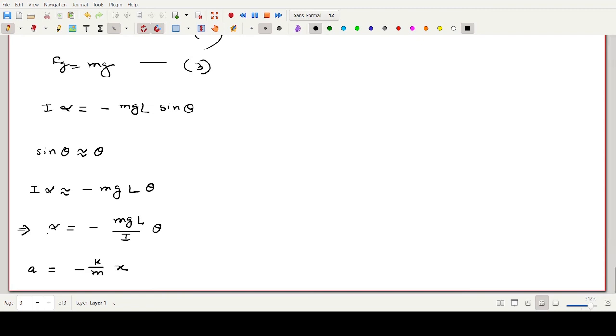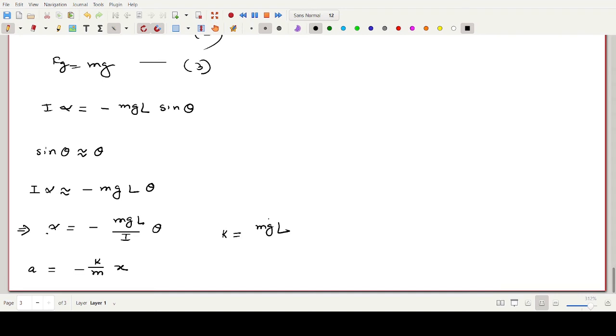Here instead of a we have angular acceleration alpha, instead of x we have angular displacement theta, and instead of mass m we have moment of inertia I, and the analogous term to spring constant is K equals mgl.